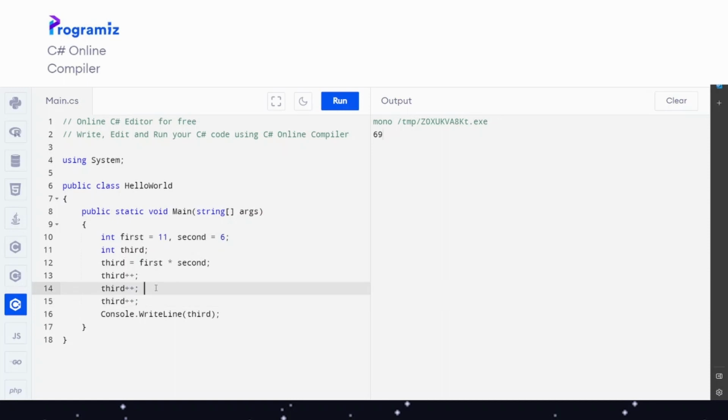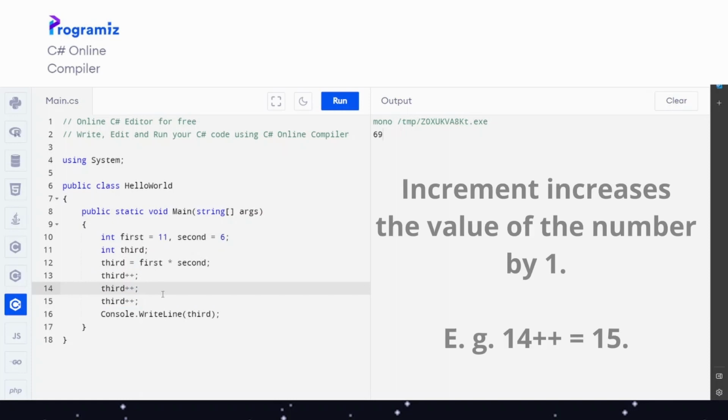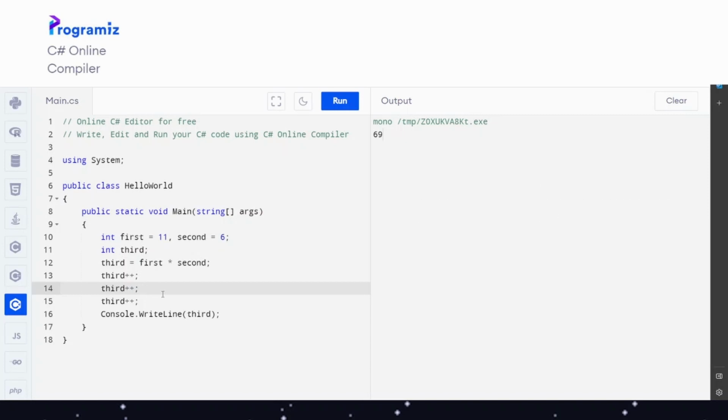The interesting thing about this plus plus is that it increases the value of your number by 1. So for instance, if we have 27 and we say 27 plus plus, then we'll get 28. There are multiple different ways to create these increments.